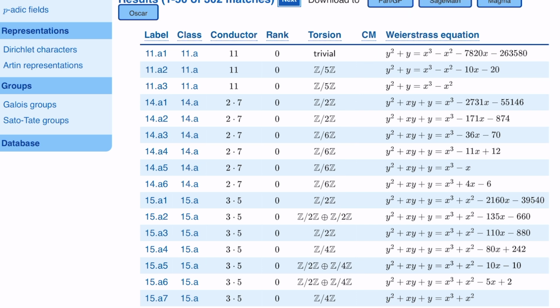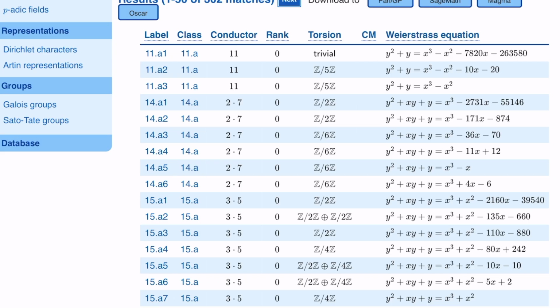No one has the mental endurance to always write out the full equation. So instead, we use labels like 11.A1, 11.A2, and so on. And here 11 is the conductor of this elliptic curve. And the A1, A2, and so on just help us distinguish between different elliptic curves with the same conductor.